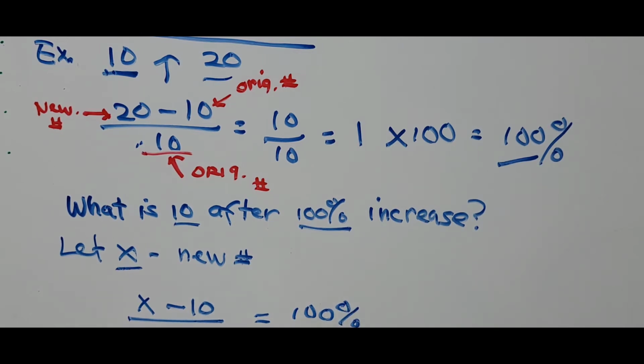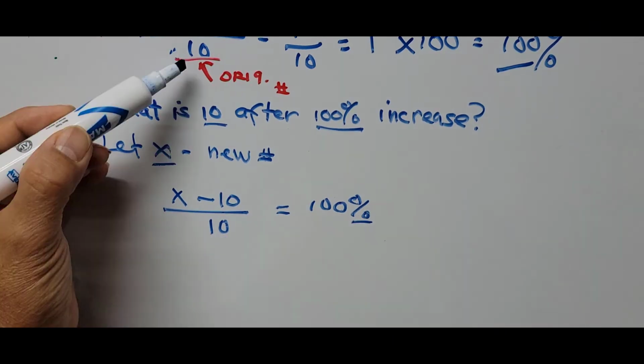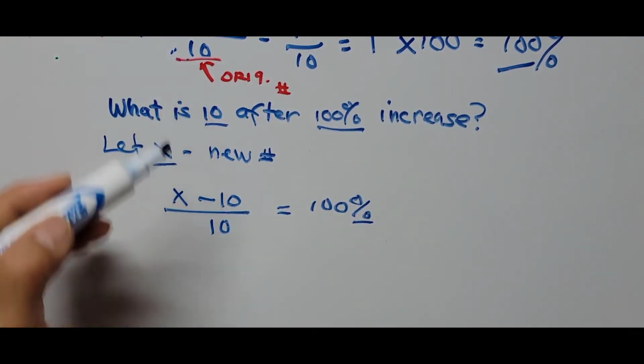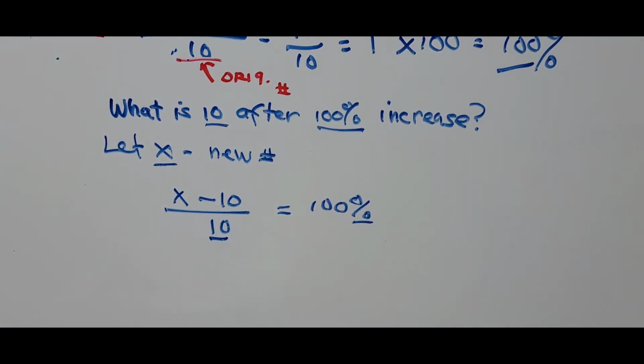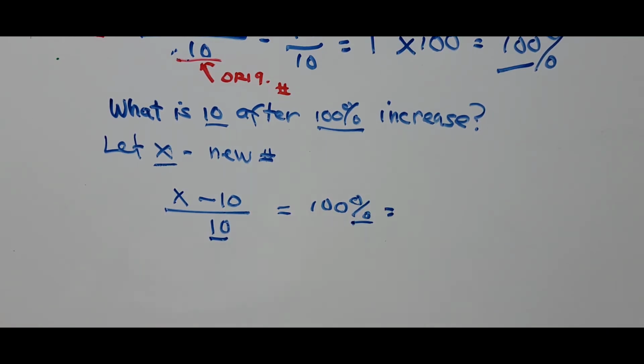And what we have to do is convert this 100% into a fraction or a whole number to get rid of this percent sign. The denominator will always be the original number or original value, in this case 10, so this goes down here as the denominator. And to find the value of x, we have to change this percent representation into a fraction.